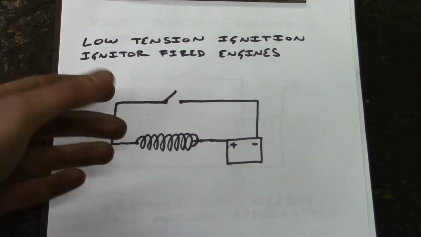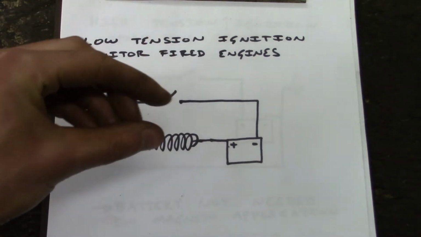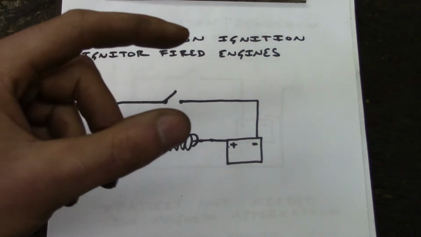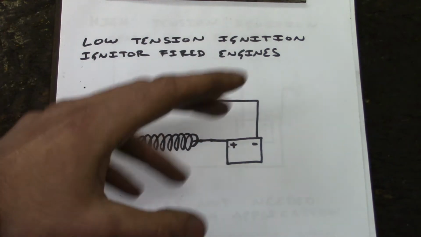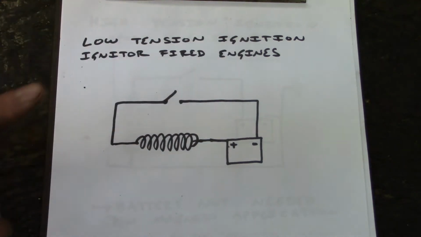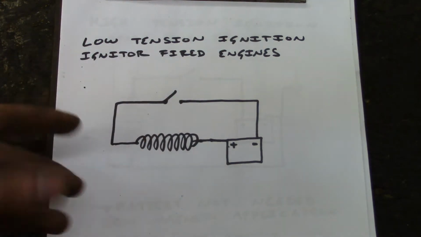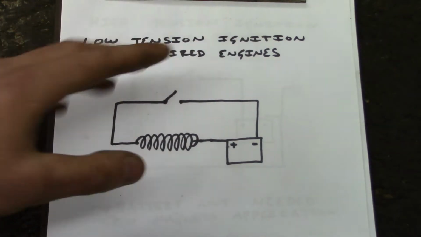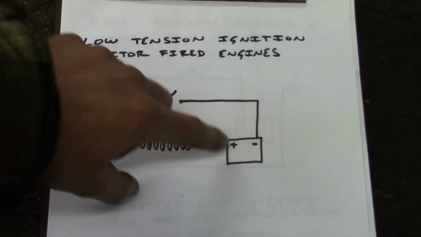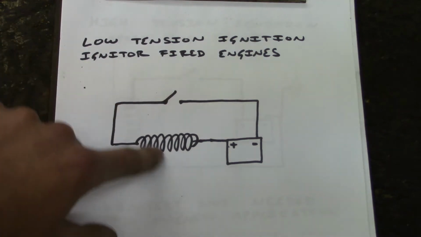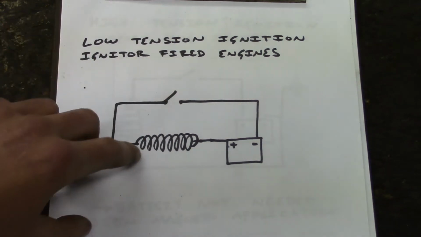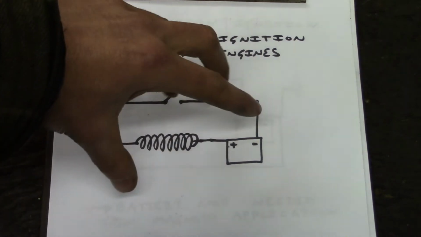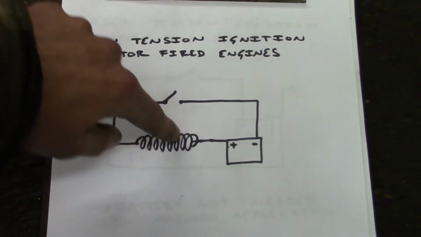So you could have a magneto or any ignition system creating a spark on a spark plug in atmospheric conditions, but under compression in an engine that may not be the case, because you need a lot more voltage to jump the same gap, because there's more air in the way because of the compression. So the reason I went off on that track is because you do need a higher voltage spark to actually jump that gap.